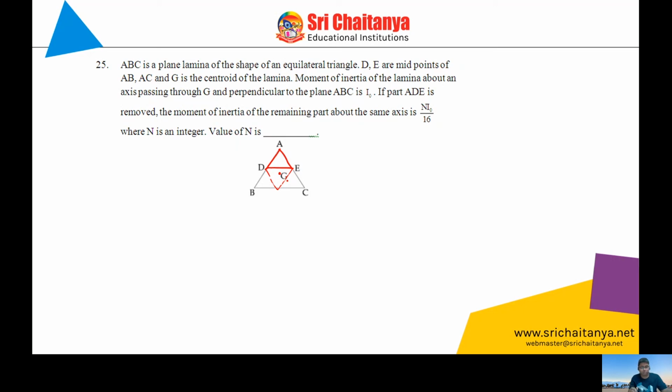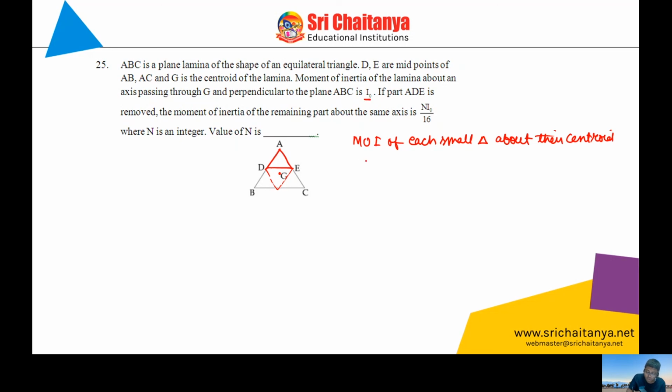So what would be the moment of inertia of each small triangle about their respective centroid? I can simply use the result given, since for ABC it is I naught.